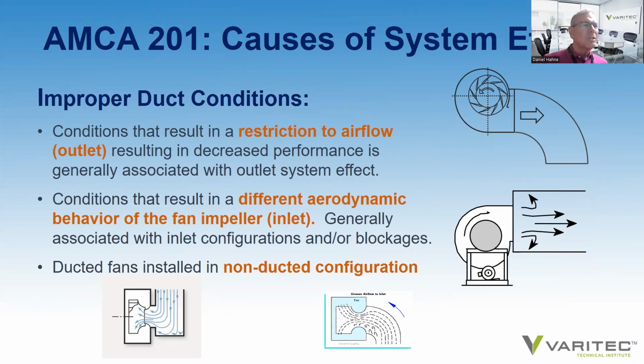These are conditions that result in a restriction of airflow, resulting in decreased performance, and is generally associated with outlet system effect. These conditions result in a different aerodynamic behavior of the fan impeller, and it generally is associated with inlet configurations or blockages. And then there are duct systems that are installed in the non-ducted configurations.